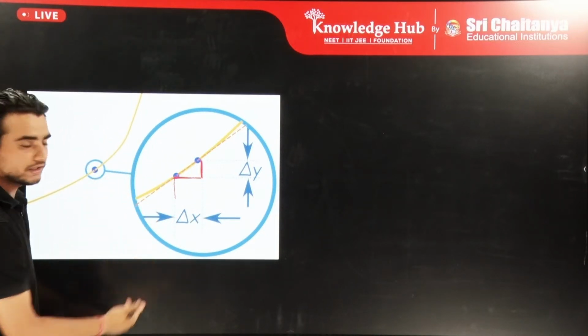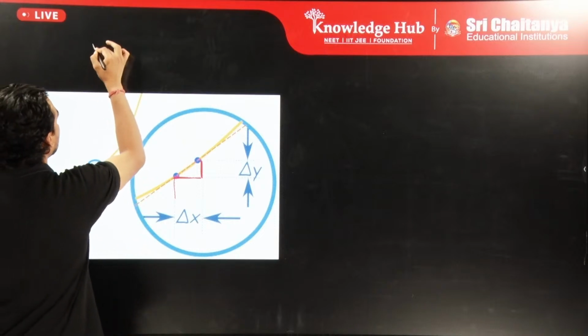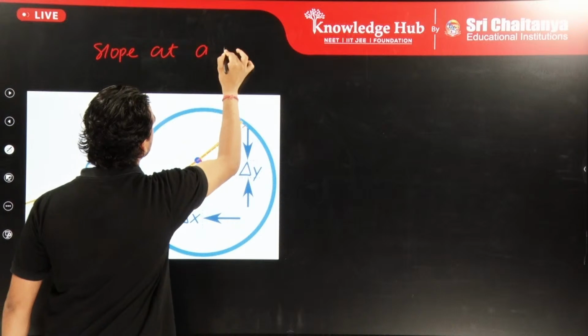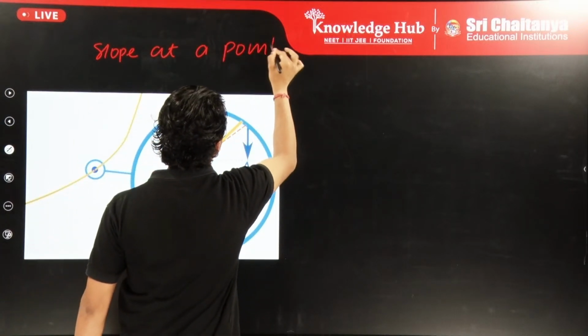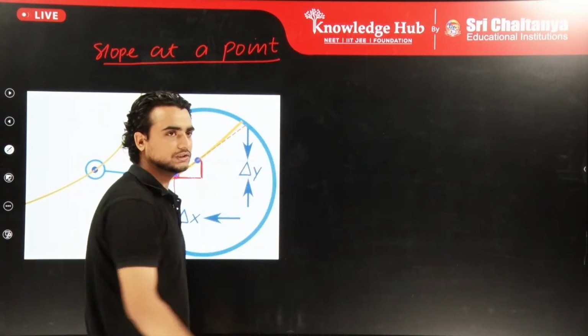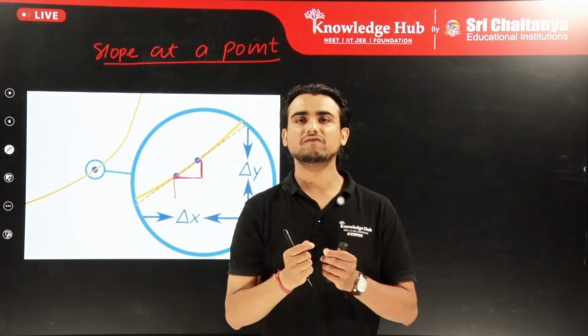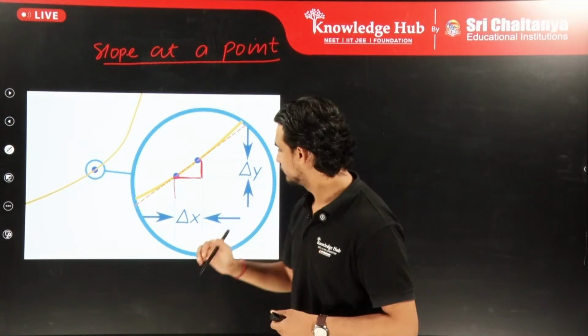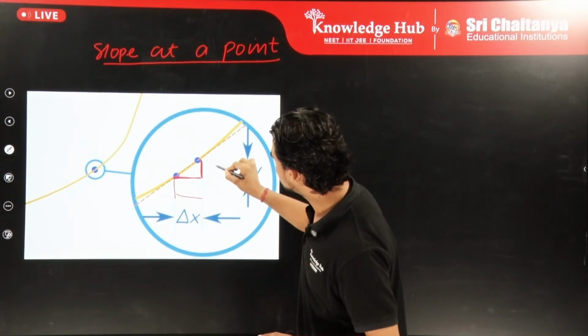So what we are trying to do is find the slope at a point. If I take x1 and x2 very close to each other, they will basically form a point, right? So x1 is very close to x2. So this change is delta x and this change is delta y.